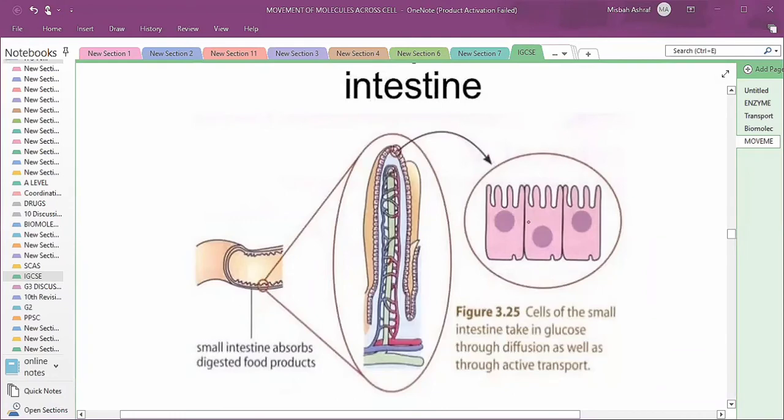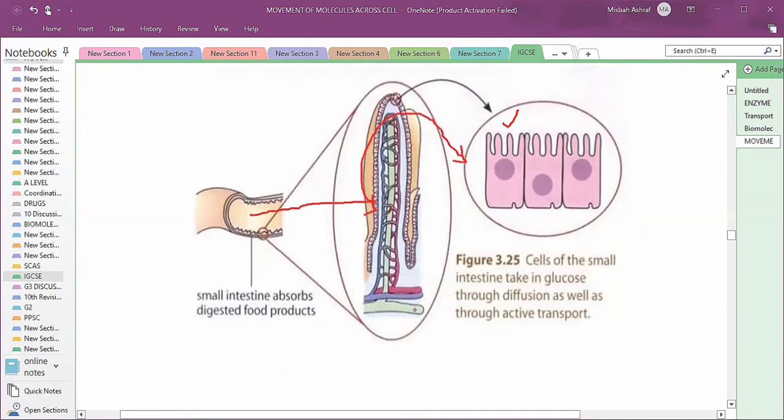You can see that this is an enlarged figure of the cells. These are the epithelial cells. So from this lumen, this is the lumen part, glucose moves into these cells, which are enlarged here, by the process of active transport. Right, and here you can also see that these are the blood capillaries.